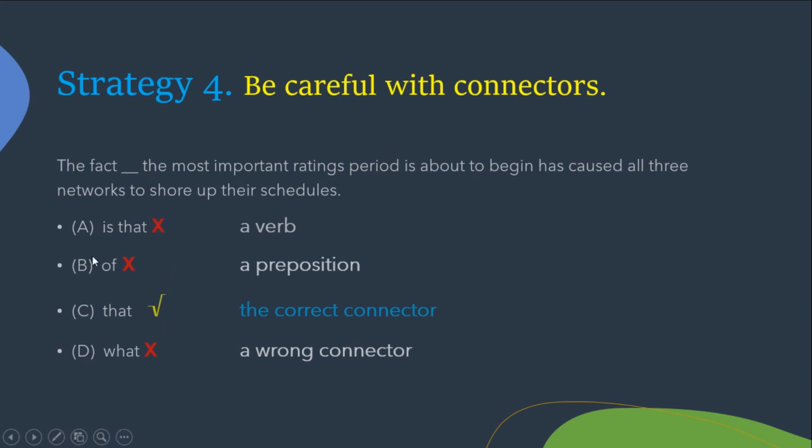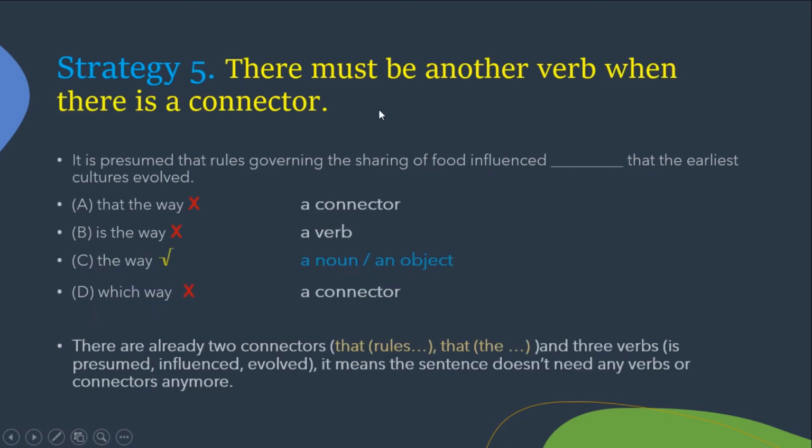Why that? The answer is in the next part. There must be another verb when there is a connector. So when we talk about sentences, there are simple sentences, compound sentences, and complex sentences. And to make compound and complex sentences, we need connectors. And in complex sentences, especially when there is a connector, it means there will be another clause.